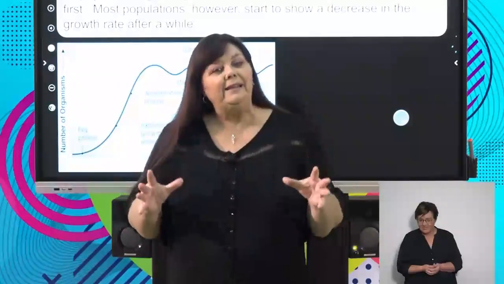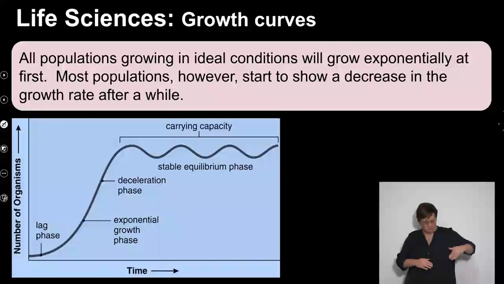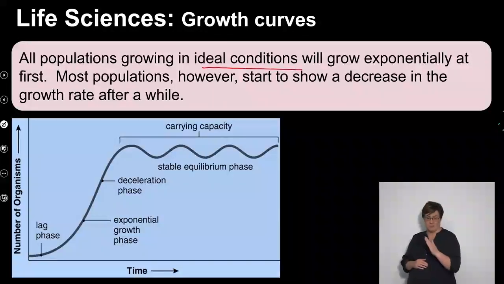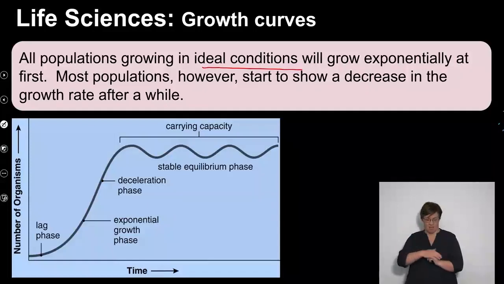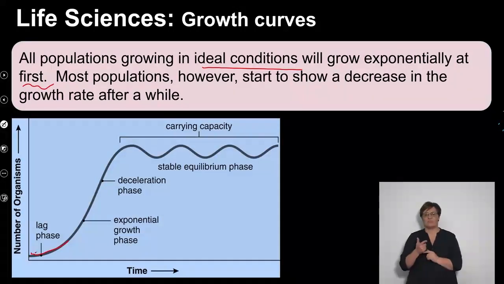So in the beginning of the population growth, basically ideal conditions are at first going to be taking place. So we can see that we'll have a bit of a lag phase, and then our population will enter the exponential growth phase.